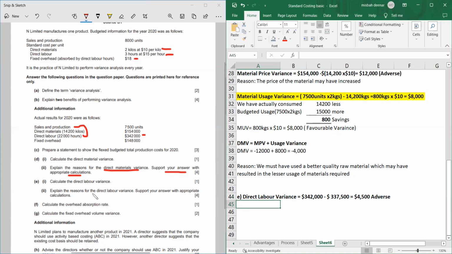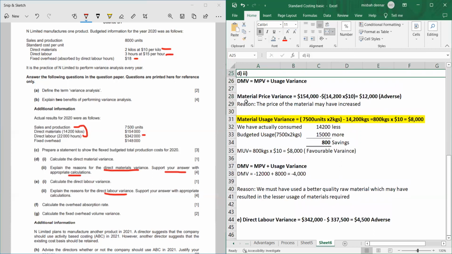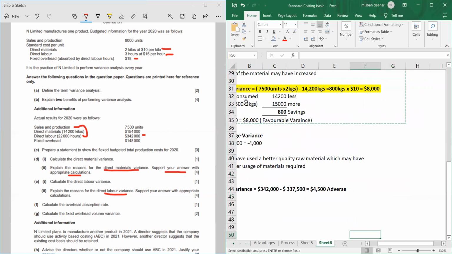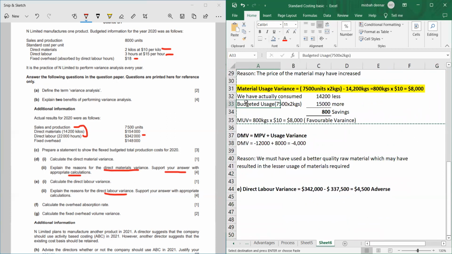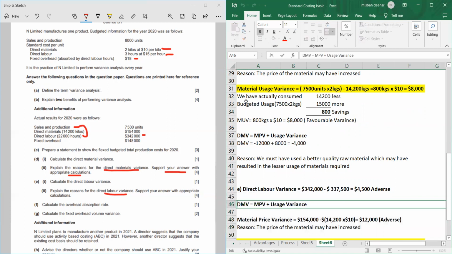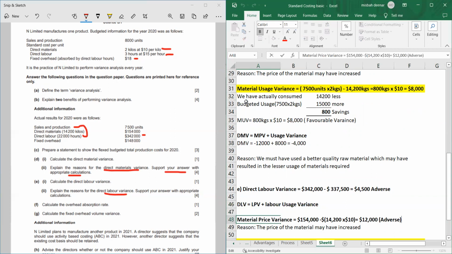Then, explain the reasons for the direct labor variance. Direct labor variance equals labor price variance plus labor usage variance.